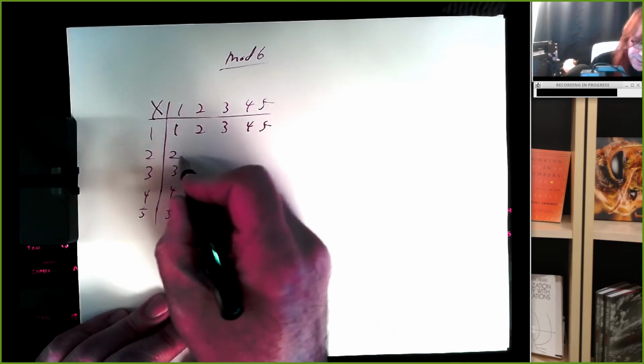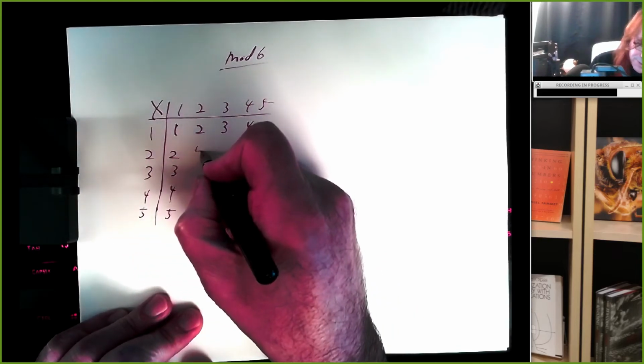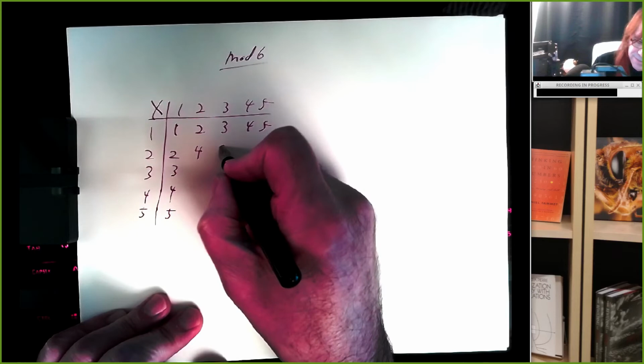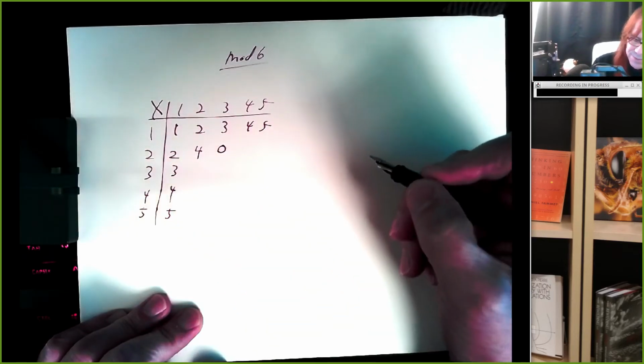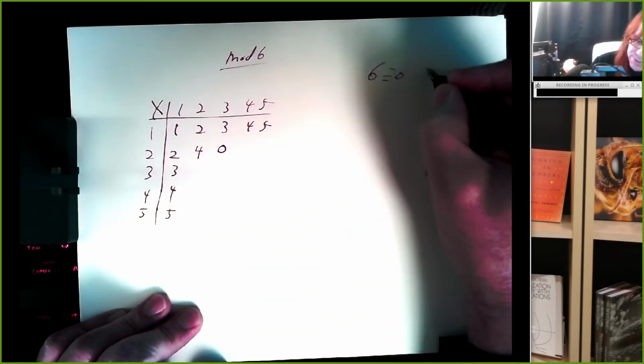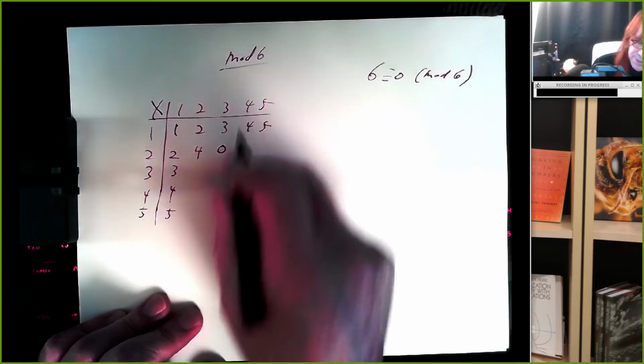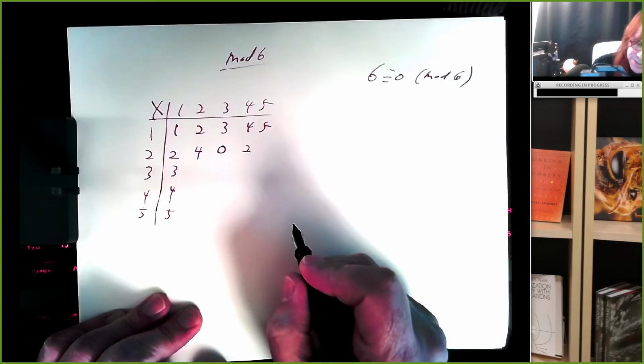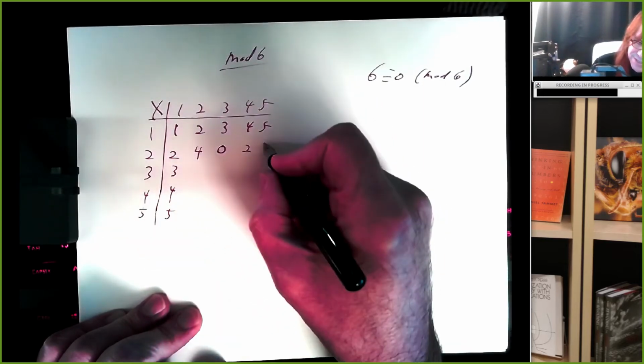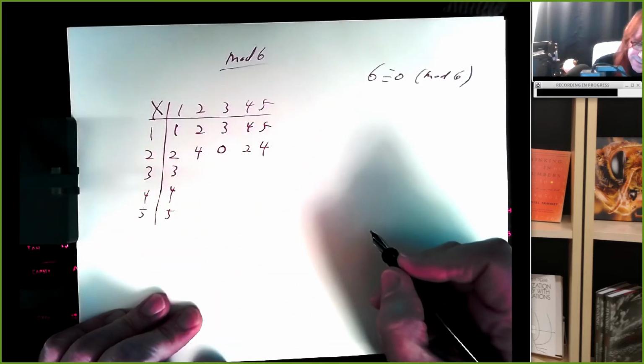Multiplication by 2: 2 times 1 is 2, 2 times 2 is 4, 2 times 3 is 6, which is 0, because 6 is congruent to 0. We switch to mod 6 here. 2 times 4 is 8, that's 2 more than 6. 2 times 5 is 10, that's 4 more than 6.